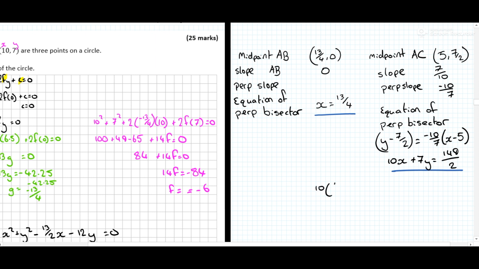So 10 by 13 over 4 plus 7y is equal to 149 over 2, which is 65 over 2 plus 7y is equal to 149 over 2. 7y is equal to 149 divided by 2 minus 65 over 2, which is 42.